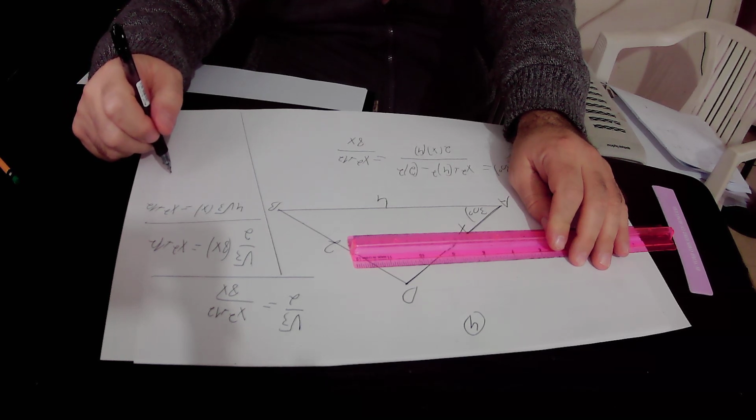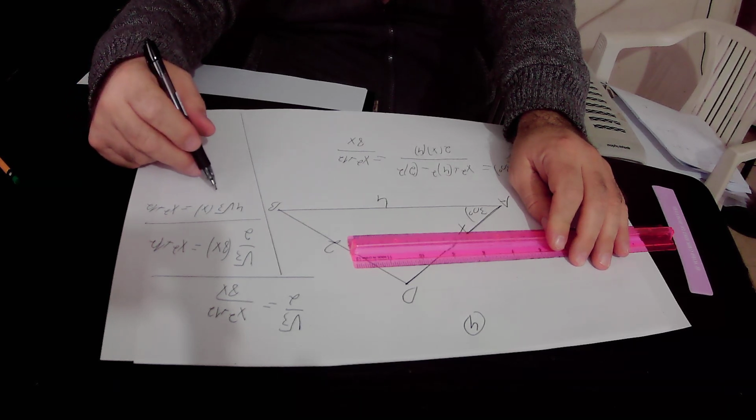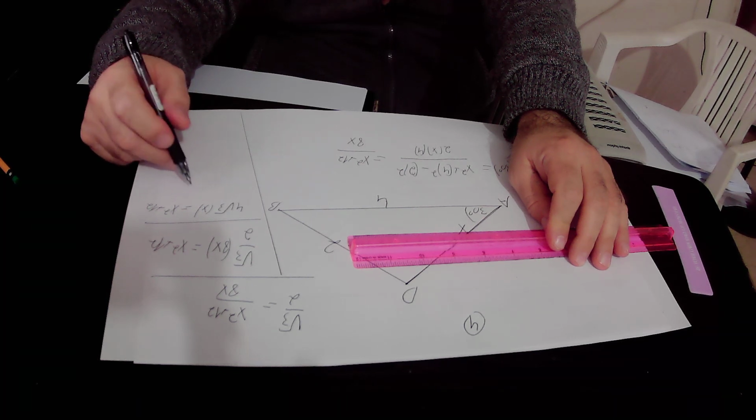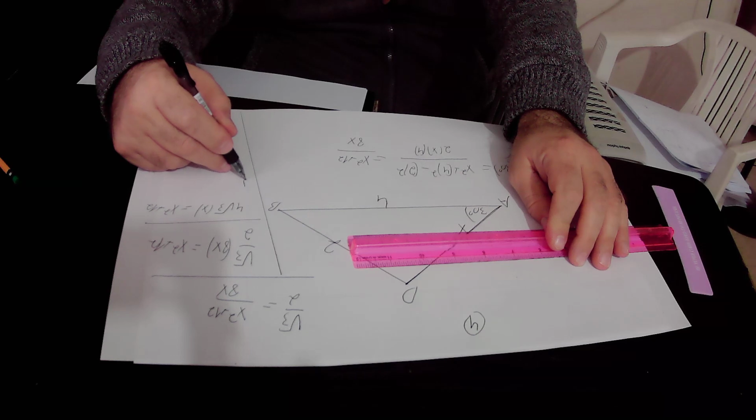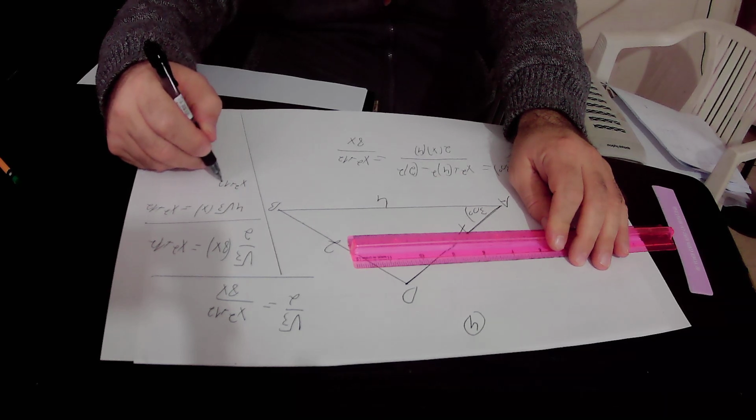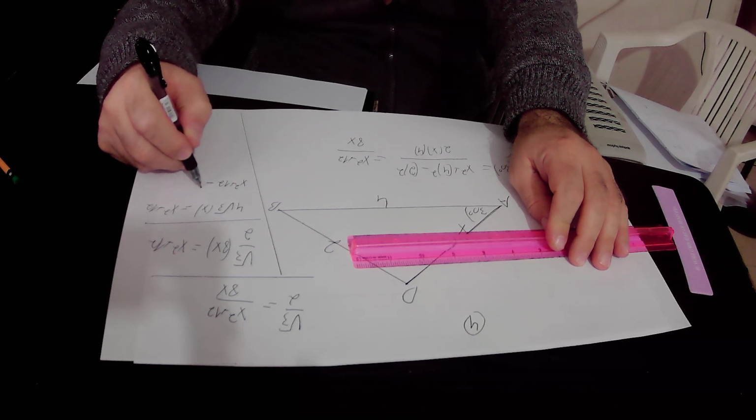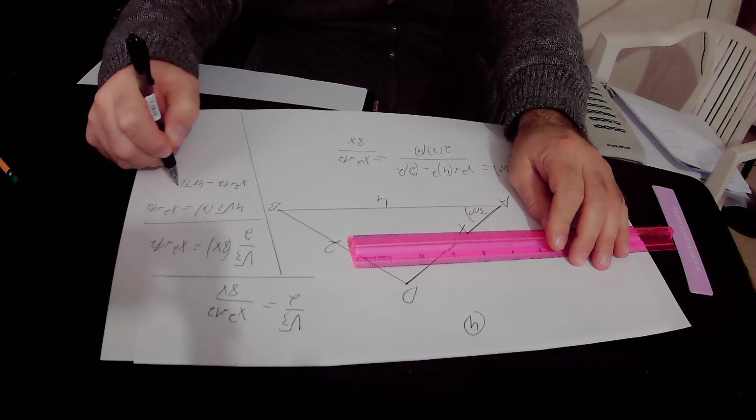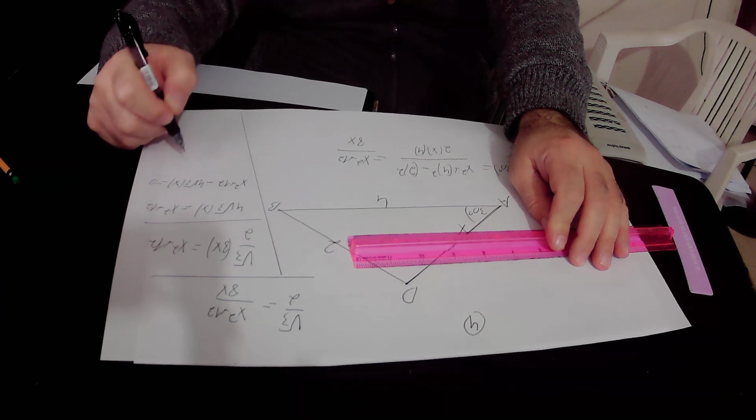We will subtract 4 times square root of 3 times x from this equation, and we will get that x squared plus 12 minus 4 times square root of 3 x equals 0.